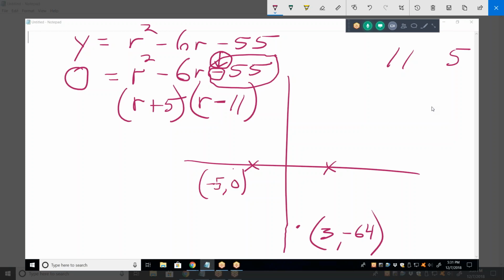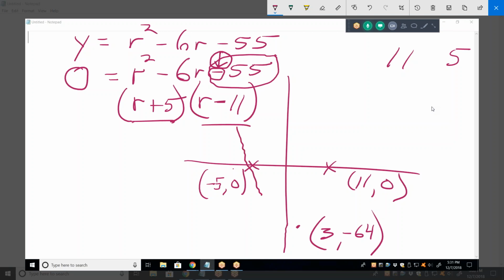And over here? Minus 11. It's not minus 11. It's 11, 0. Remember, it's always the opposite of these factors. In other words, if I'm looking at r plus 5, then the answer is negative 5. If I'm looking at r minus 11, then the answer is positive 11. Got my 3 points.